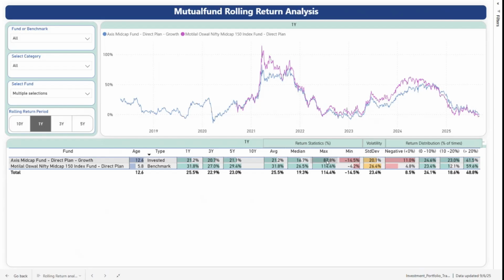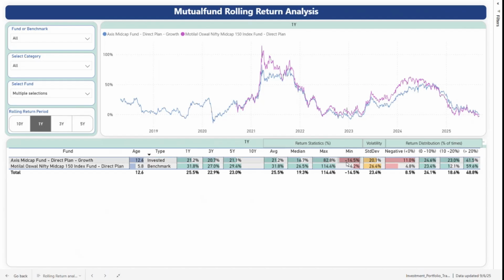But Motilal Midcap 150 gave an average of 31 percentage, median is 26, max is 114%. And even Axis Midcap gave a very worst return of 14 percentage negative, during the 2020 period. Basically, whoever invested in 2019 and exited in 2020 got a 14 percentage negative return.